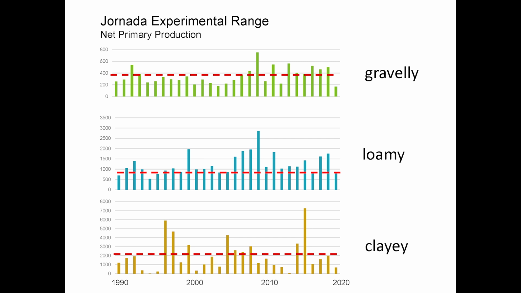So that's kind of the problem that we're confronted with: how do we manage these wide differences in net primary productivity over space and over time in a way that we don't get this short-term degradation that causes soil loss, and more importantly, the long-term degradation that causes soil carbon loss.